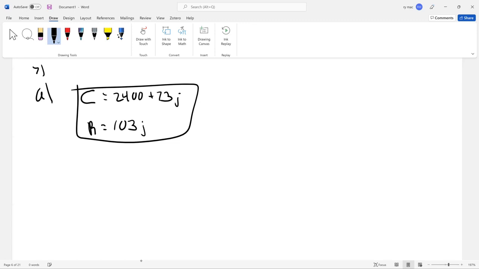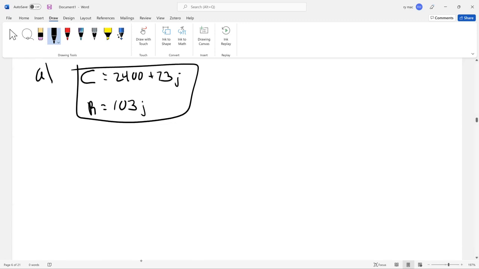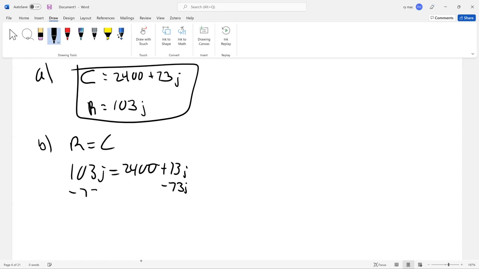That's part A. Part B, it says determine the number of jackets that must be made and sold in order to break even. To solve that one, you're going to equal your newly made revenue and cost functions together. So we'll just say R equals C, or 103J is equal to 2,400 plus 73J. So if I minus 73J on both sides, I get 30J is equal to 2,400.